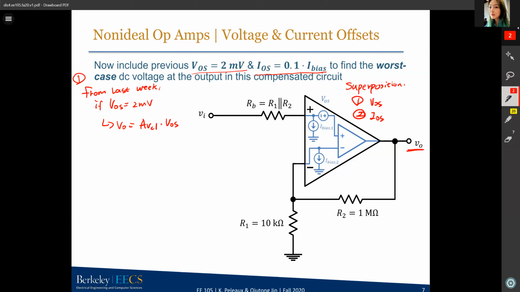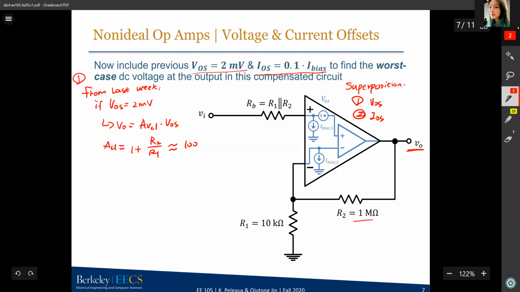We just have an offset voltage in our circuit. So if we have just the offset voltage of 2 millivolts, our output voltage will be the closed loop gain times VOS. And the closed loop gain of this circuit, because this is a non-inverting amplifier, is 1 plus R2 divided by R1, which is close to 100.